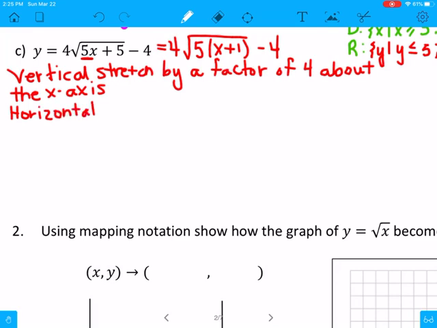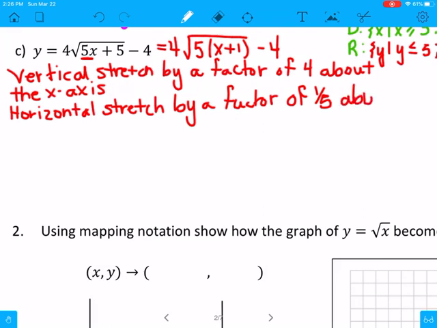Horizontal stretch by a factor of 1/5 about the y-axis. No reflections because the 4 in front doesn't have a negative and the 5 doesn't have a negative in front. So no reflections.